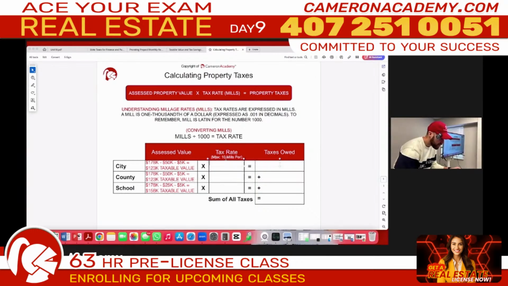How many mills are they charging you for city? Was it 9.3? 9.3 mills? But how do you convert it? You simply divide by mil, which is what? 1,000. And you get the true decimal form, which you're going to utilize for your math. 0.0093.